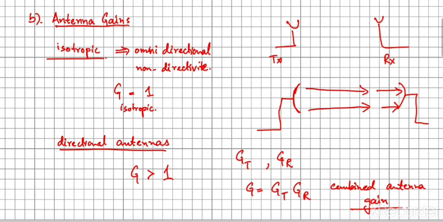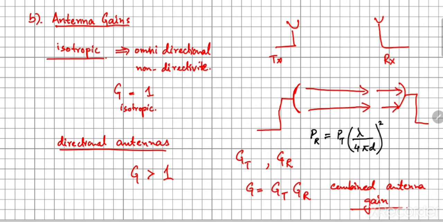In the presence of these directional antennas, the expression for the received power changes as follows. If you imagine the expression for the received power in the free space propagation path loss model, we used to have Pt times (lambda by 4 pi d) whole square.